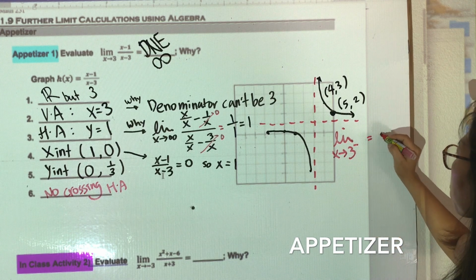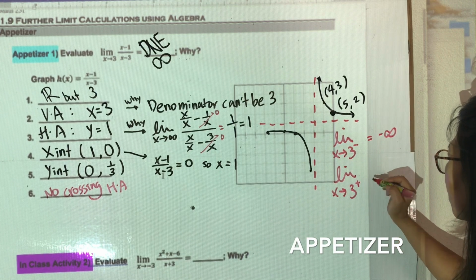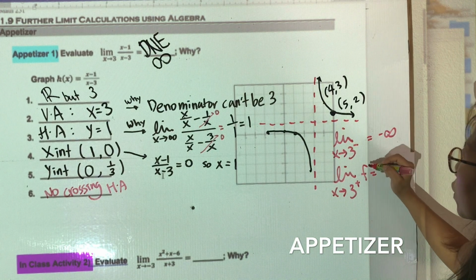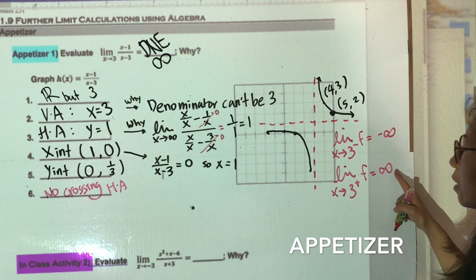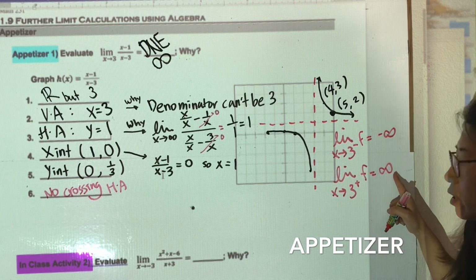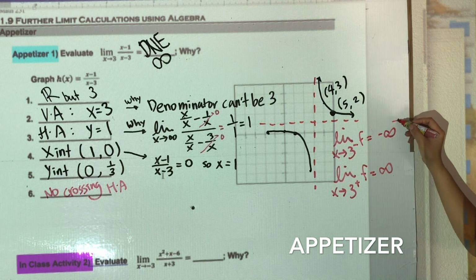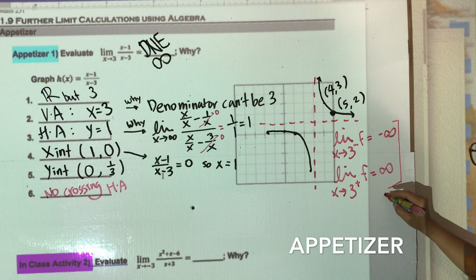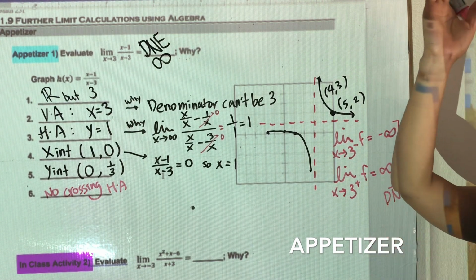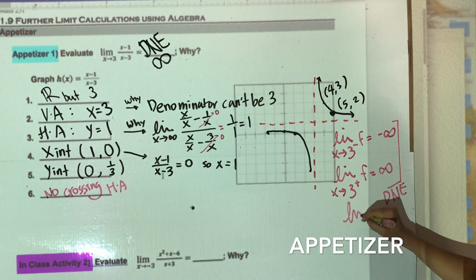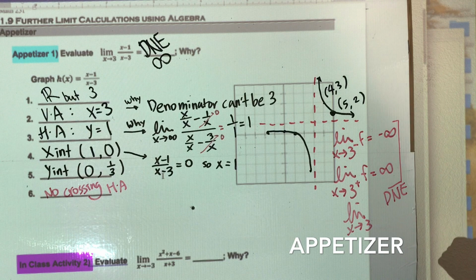And if you look at the right side, the function goes to positive infinity. By the definition of the limit, one goes negative and one goes positive, so we say the limit does not exist because they go in opposite directions at 3.